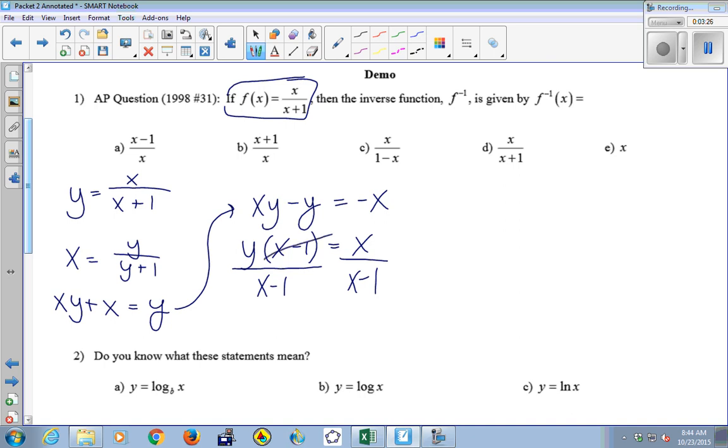All right, so my x minus 1's cancel here. And I'm left with y equals x over x minus 1. The x on top had a negative sign, yeah. Okay, there we go. Which of my options, A, B, C, D, or E, matches what I just found?